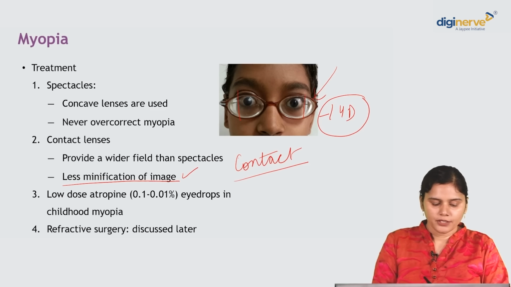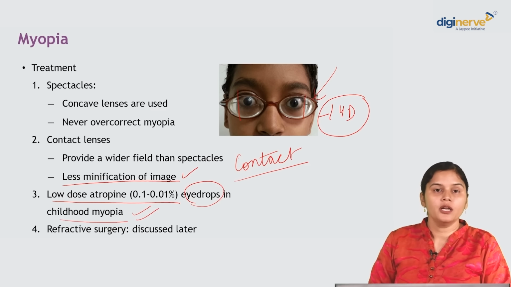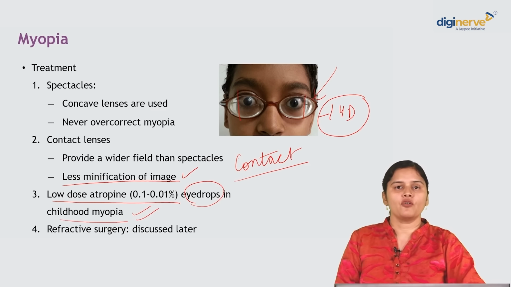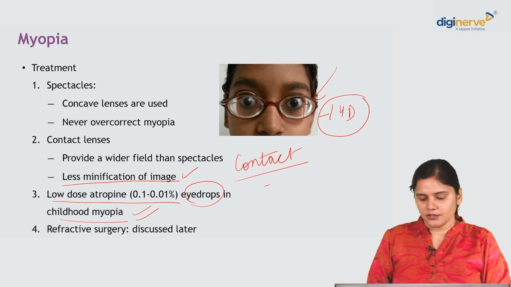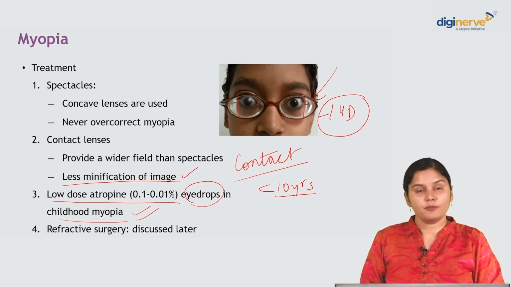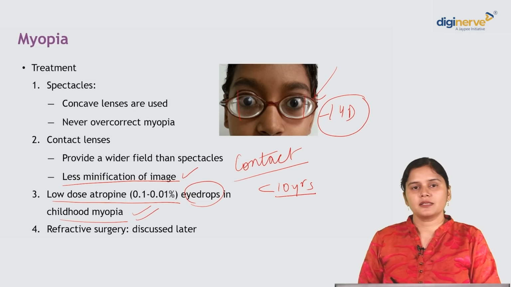Also, low dose atropine eye drops are nowadays available, and they have been shown to prevent progression of myopia in childhood, in children who are less than 10 years of age and have shown a progressive increase in the minus glasses over the past year.